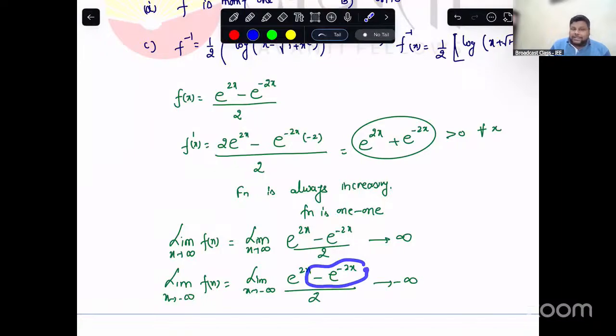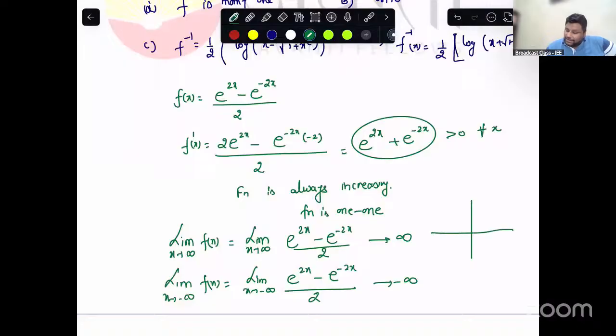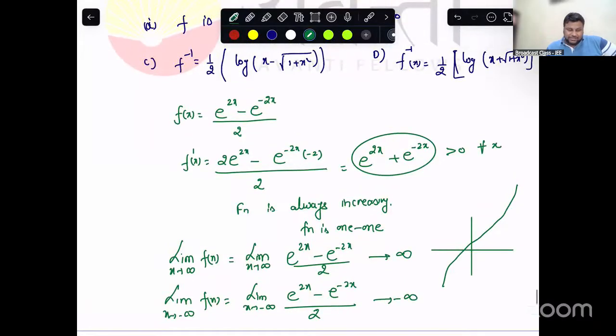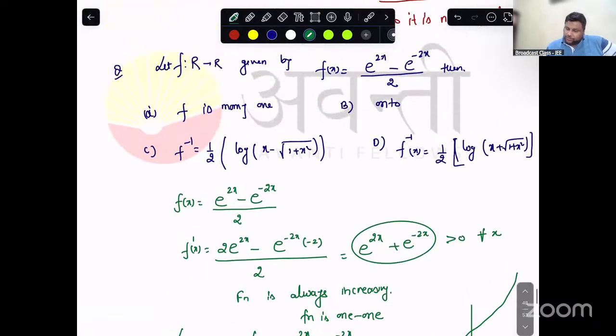This will be minus e to the power infinity, which will make it minus infinity. So the function is going from minus infinity to infinity and always increasing like this. So that means it is onto. Got it?